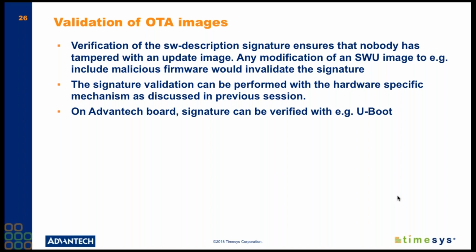Linux kernel can do that as well. You can also use TPMs and store the different keys directly in TPMs and access them when you receive the software update image.